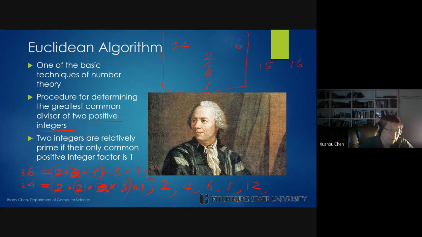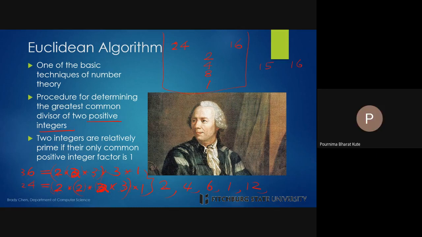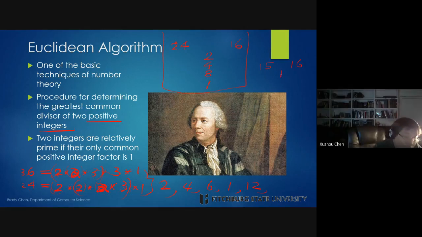If we try to find a common divisor, do you think we can find one? There's only one. Of course, 1 is always the common divisor. 1 can divide any number.